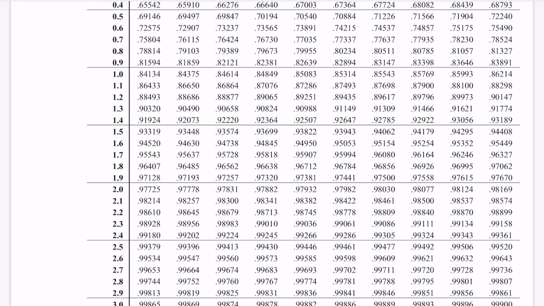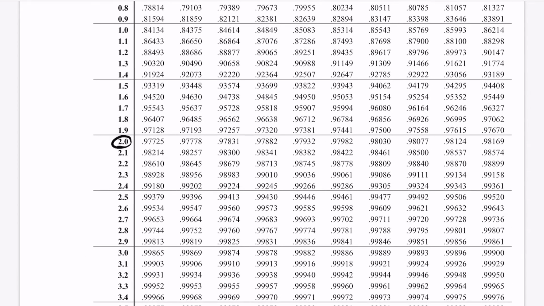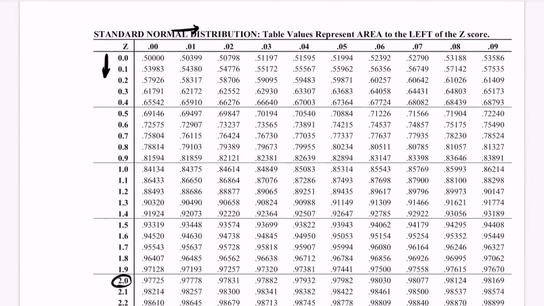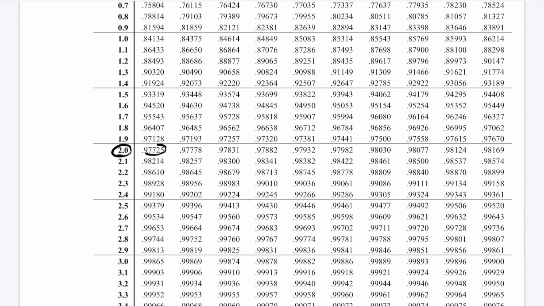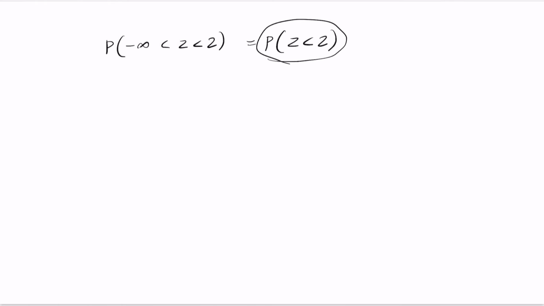We have to find for 2, so this is the value 2, and I'm going to find it for 0.00. So 2.00. This is the value: 0.97725. So when you write it down, this is the answer, 0.97725, or you can write it as 97.725%. So this is the probability of z less than 2.